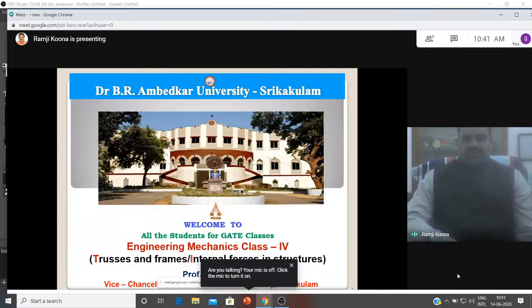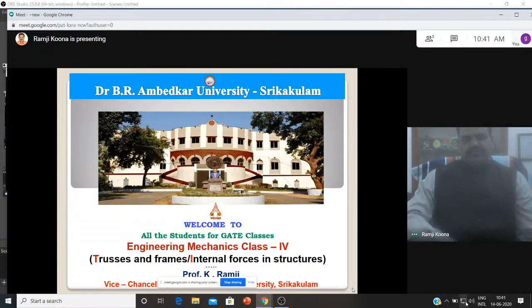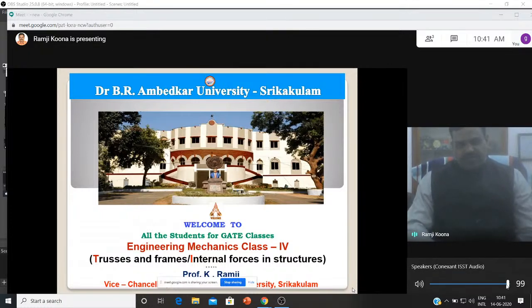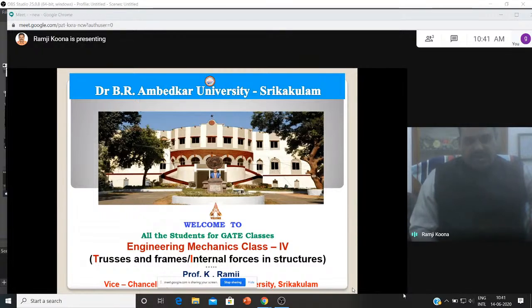That means most of the structures which we are reading in civil engineering or mechanical engineering are in the form of a bar or a truss or a frame, or it can be a plate or a shell.